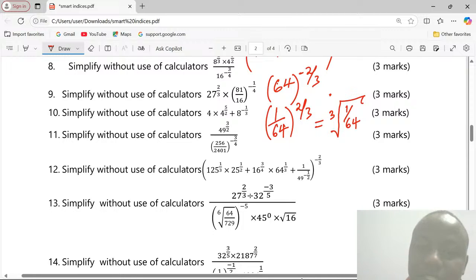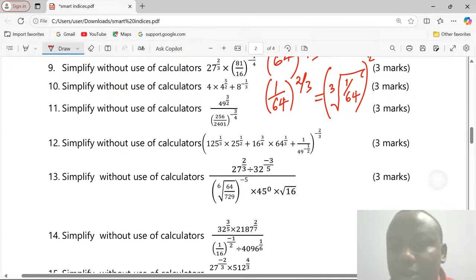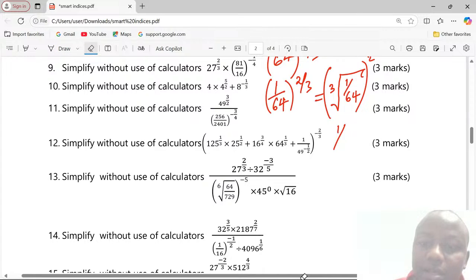Then after this, we'll be raising everything to power 2. So the third root of 1/64 is 1/4. Yeah, so we get a quarter, then a quarter squared.